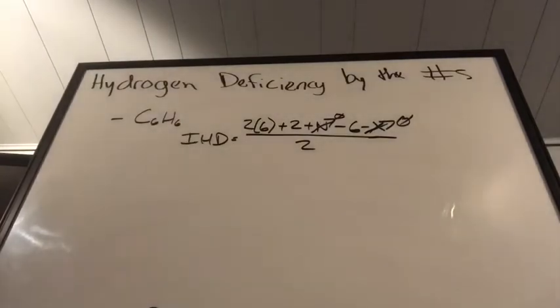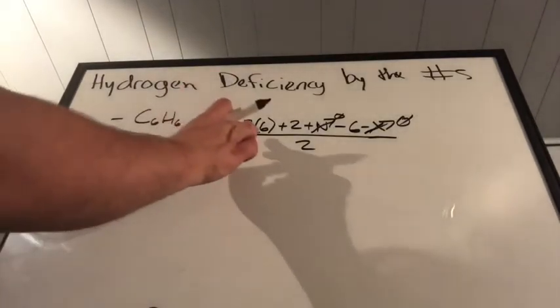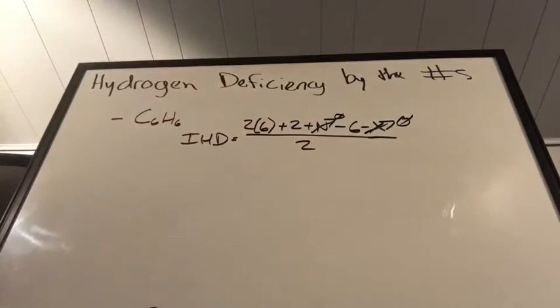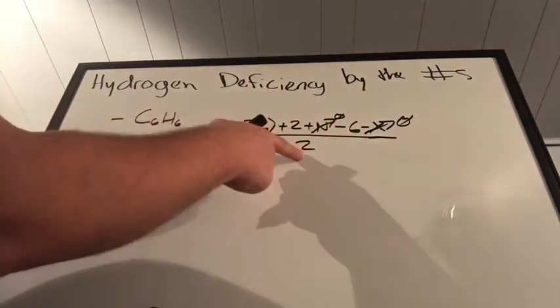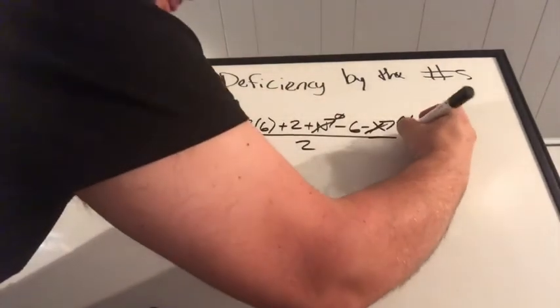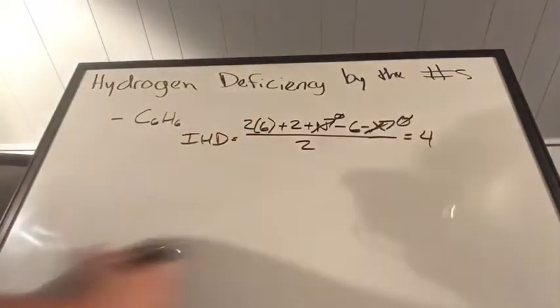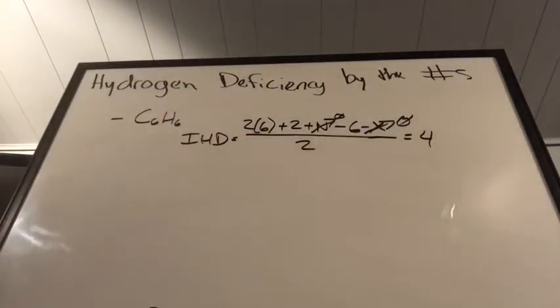So now we have 12 plus 2, which is going to be 14, minus 6 is going to give you 8. So 8 divided by 2 is going to give you 4. Okay, so that would certainly align with benzene like we saw in the previous example when I was trying to compare constitutional isomers, as well as that funky looking pentagon with a geminal alkene hanging off of it.